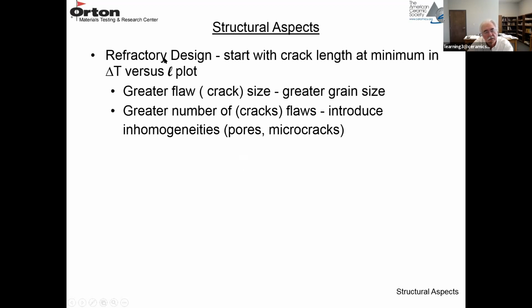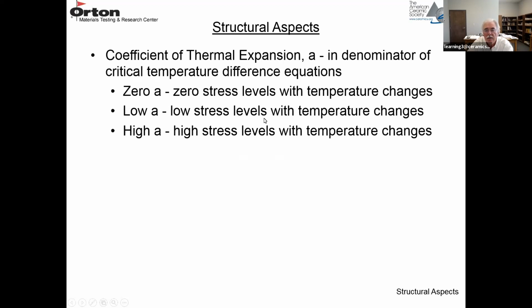The other term in the equation that we looked at, either R4 prime or R, that's important, is the thermal expansion coefficient. It's in the denominator of the critical temperature difference equation. So again, if you have a 0 thermal expansion coefficient, you do not develop any stress level when you change the temperature.